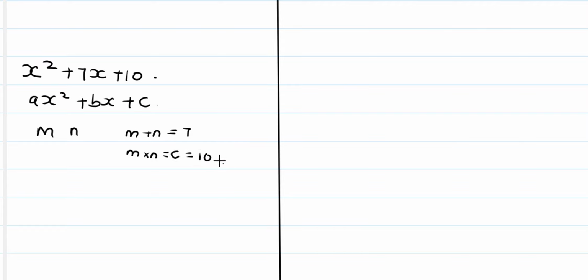So which two numbers, when you multiply them give you 10, and when you add them give you 7? That is 5 and 2. Because if I take 5 as m and 2 as n, 5 plus 2 is equal to 7, and 5 multiplied by 2 gives me 10.